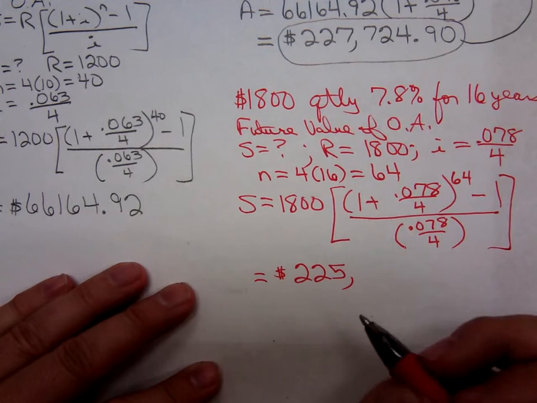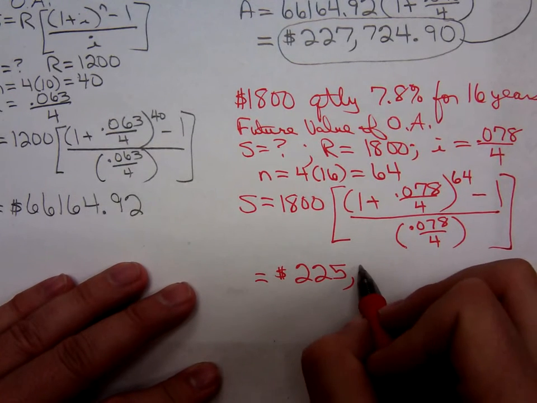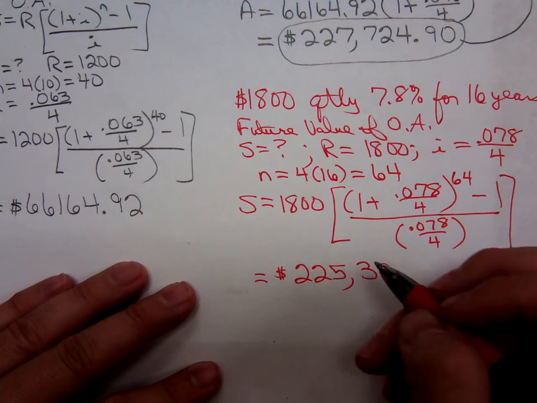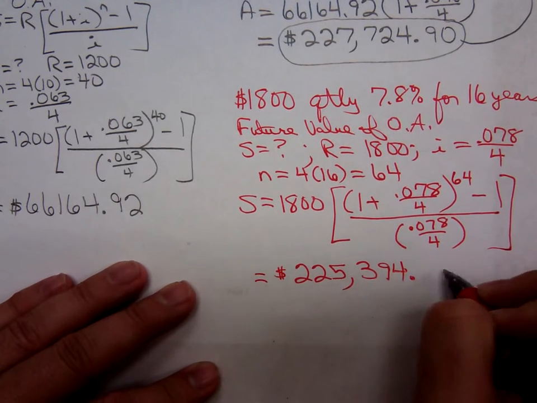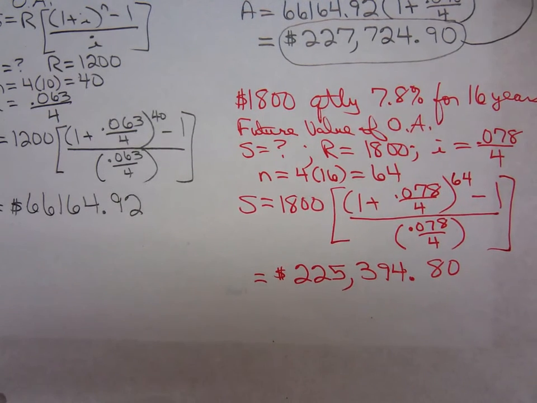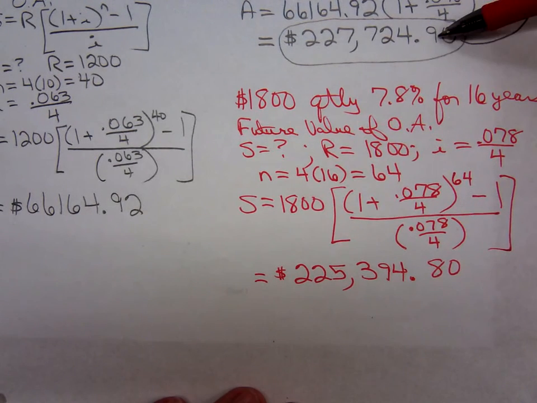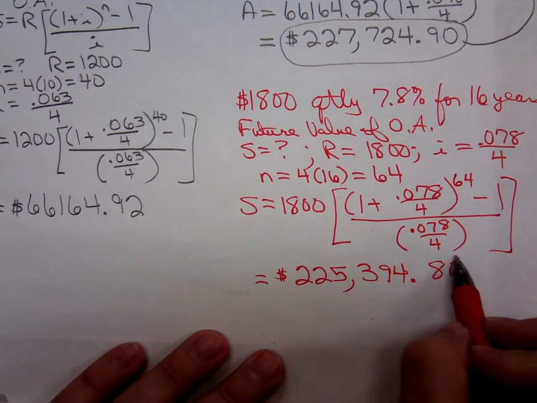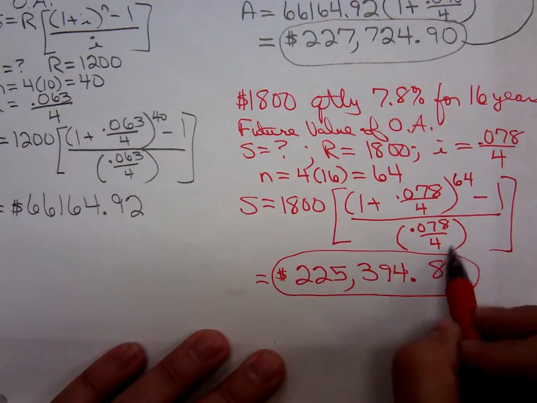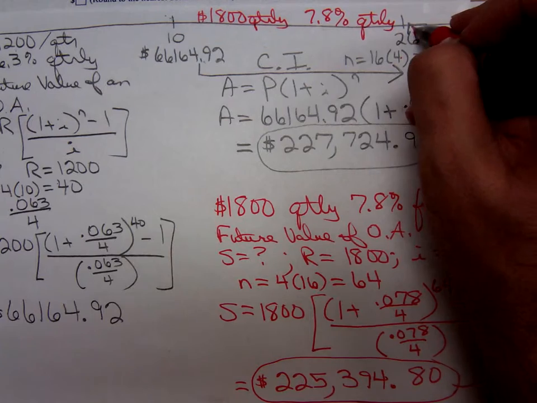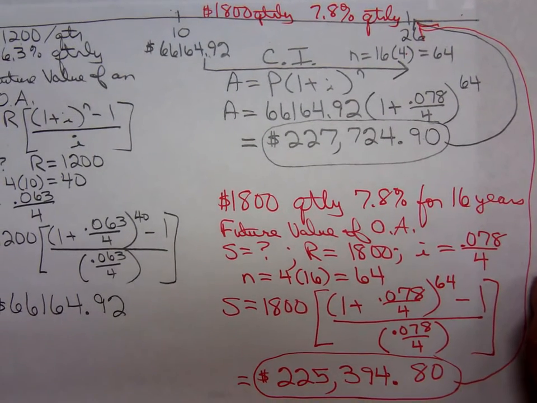Punching this into our calculator, I'm getting $225,394.80. So at the end of 26 years, we have that $227,724.90. We also have this amount here. Both of those amounts are in the account at the end of 26 years.